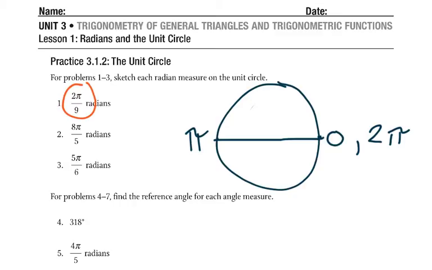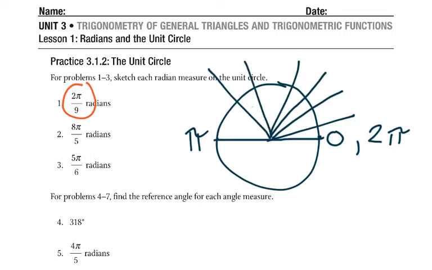So the best way to do that is to see thirds, and then I cut each of those thirds into thirds. And they're not going to be drawn to scale, but that doesn't matter. So I've got 1 piece, 2, 3, 4, 5, 6, 7, 8, 9.